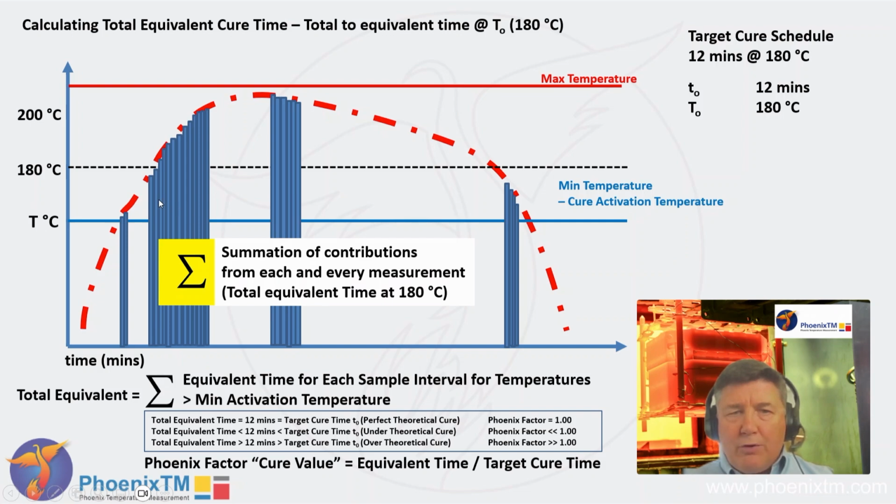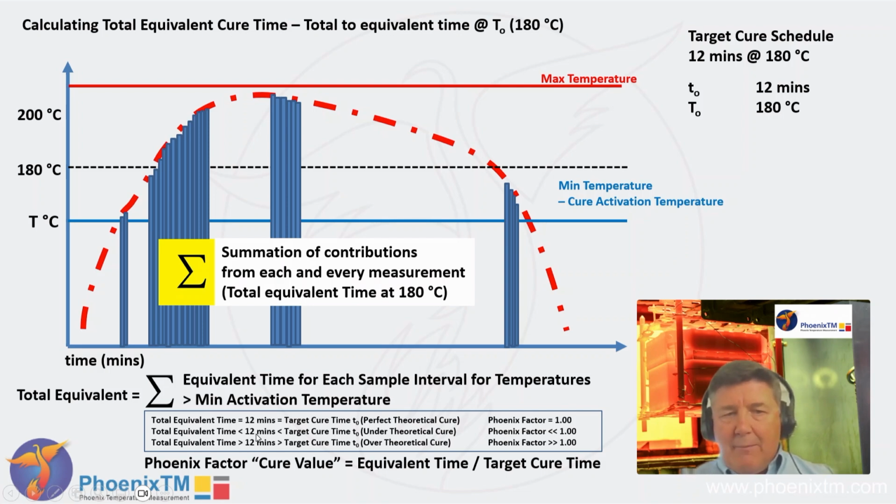If our total summation of the contributing time and temperature components in the profile is exactly 12, that would mean we are matching the cure schedule exactly. That would give us a perfect theoretical cure, which we refer to as a Phoenix factor of 1. Our profile matches exactly the required cure schedule from the coating supplier.